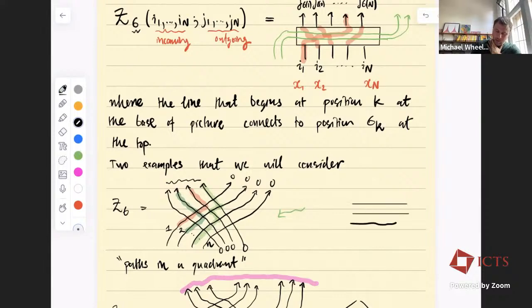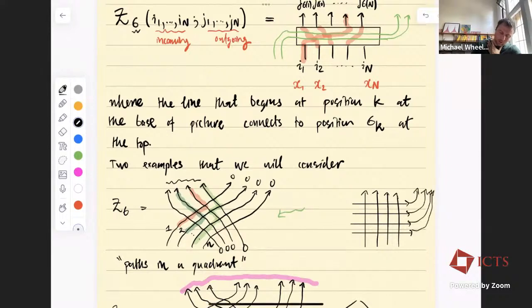So I can have 3 lines, or 4 lines, whatever it is, that go straight like that, and then I can have like this. So all that's happened here is I just completed these lines by connecting them to the top, and these ones connect to the bottom. I see. That's all that's happened.